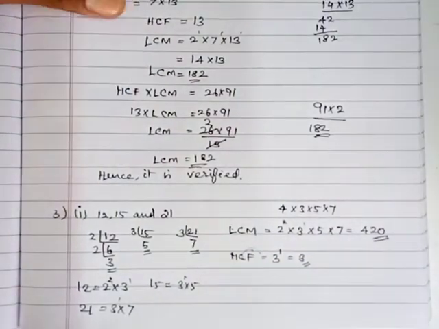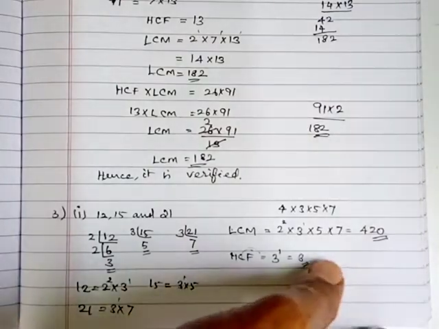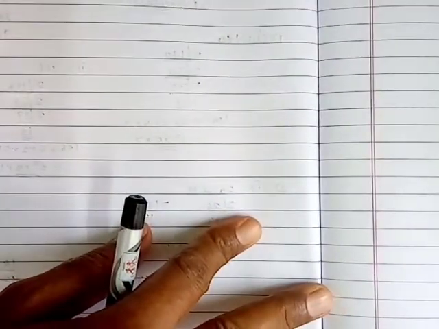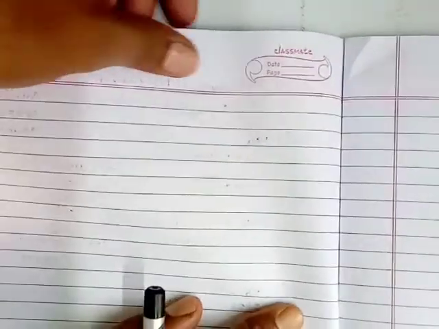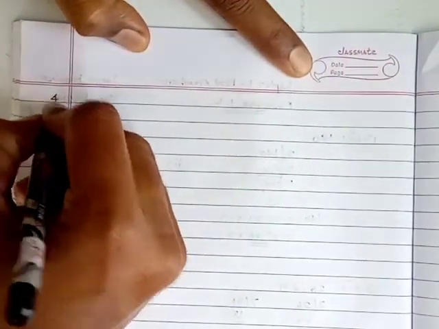You just try to work out the remaining second and third sums. Now we are going to see the fourth question. What is the fourth question?